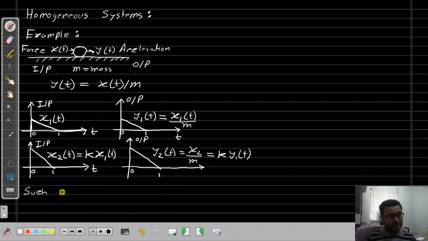Such systems are called homogeneous, where if you increase the input by some constant number, output will also increase by the same constant number. If you make input double, output will also be double. Let me write it formally.